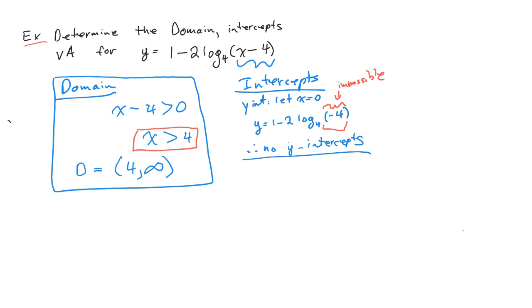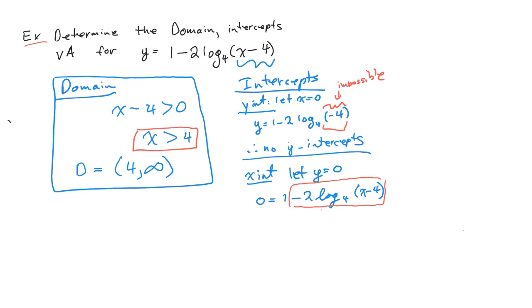Now, what about the x-intercept? We have to let y equal 0. So what that means is we have 0 is equal to 1 minus 2 log base 4 of x minus 4. Now all we have to do is take this whole thing here and move it to the other side of the equation.